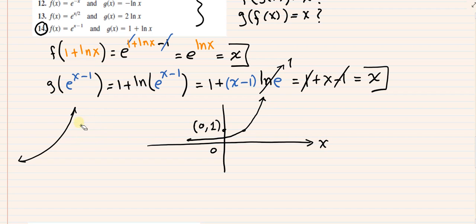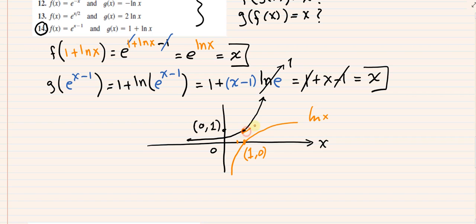Now, same token, the graph of g of x, which is 1 plus ln of x. Remember, the graph of ln of x looks like so. This is ln of x. And the ln of x plus 1 will shift this up 1 unit, right? Now, let's see, right in here, the graph of ln of x goes through 1, 0. When you shift it up 1 unit, it actually coincides with this point on the exponential function.